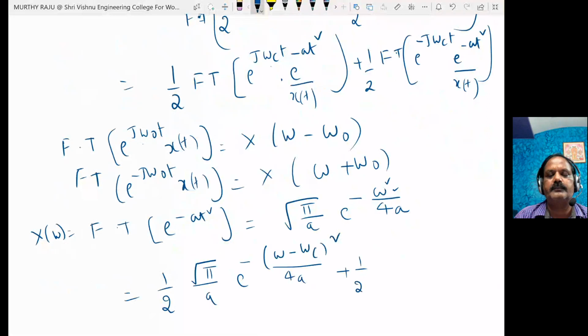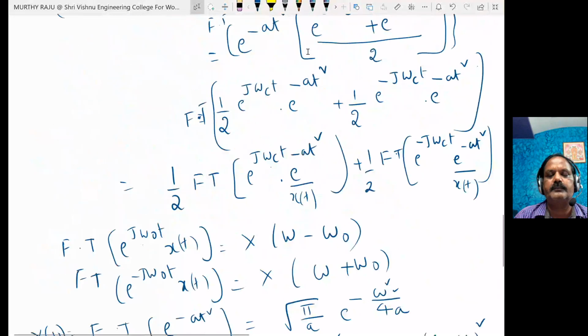Plus 1 by 2 root pi by a e power minus, where omega is replaced, since the Fourier transform of e power minus j omega naught t x of t is x of omega plus omega naught. Here the minus sign is there. Here omega is replaced with omega plus omega c whole square by 4a.